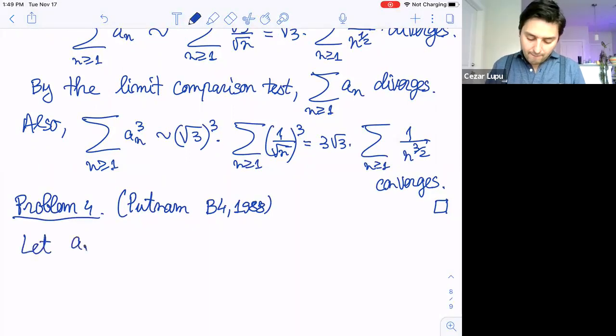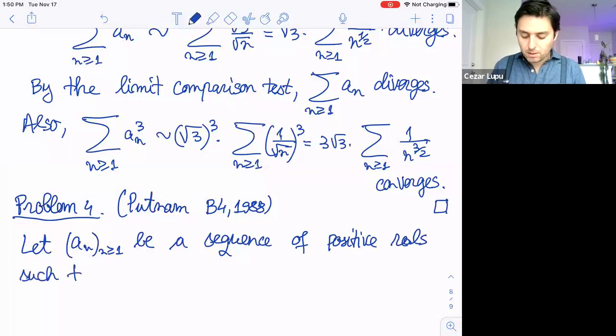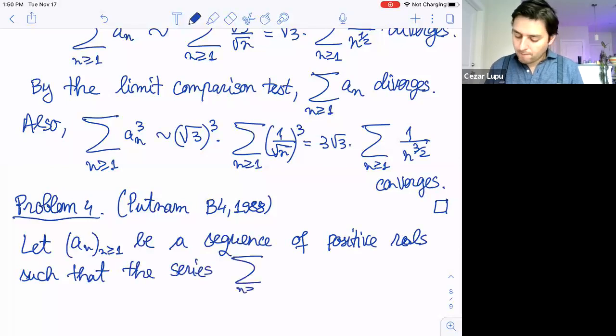Let a_n, n greater or equal than 1, be a sequence of positive reals such that the series, the sum of a_n, converges.